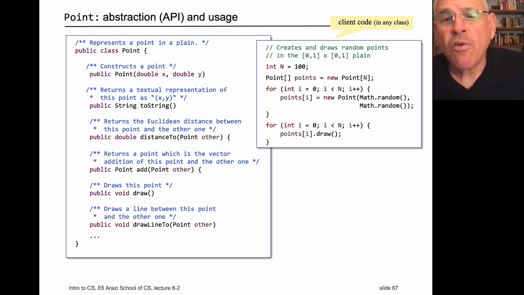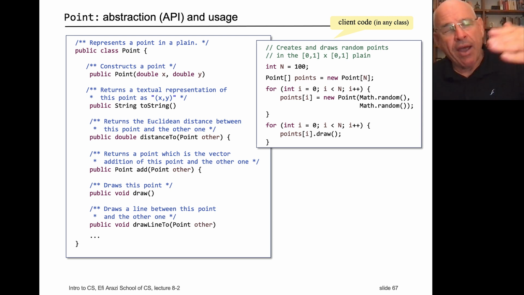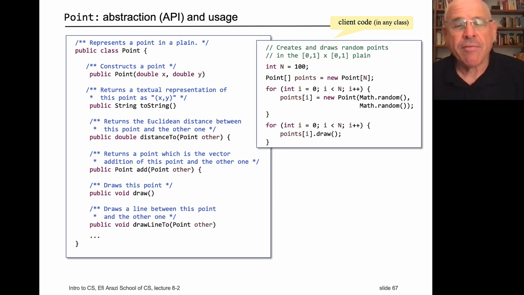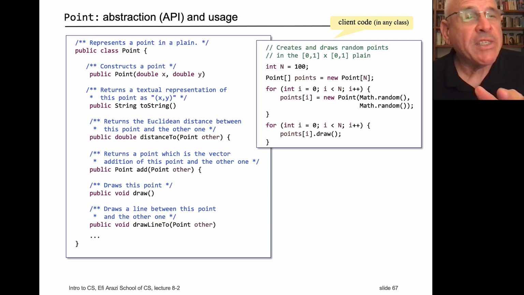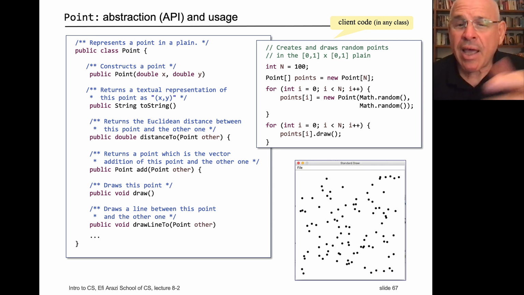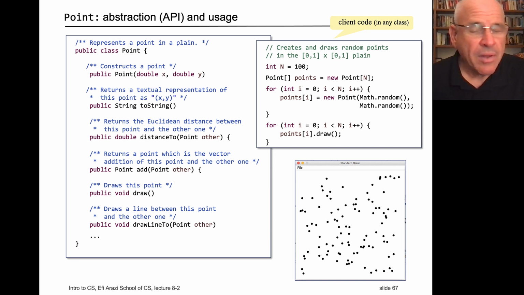So another for loop, and I go through every one of the array elements and I draw it. So basically I call the draw method on every one of the points i elements, and every one of these elements is a point object. So everything is very well defined. And what I'll get is something that looks like this.